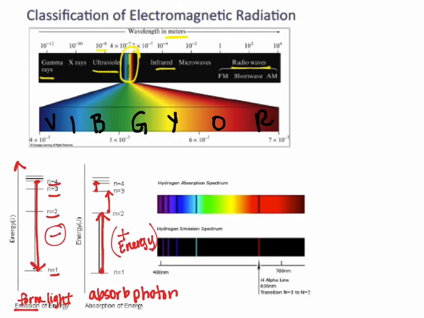Now, over to the side, that color is a hydrogen absorption spectrum. So what they did is they studied hydrogen, because hydrogen only has one electron, and so they could see what that electron was doing. If you will see, the top one is the absorption spectrum.